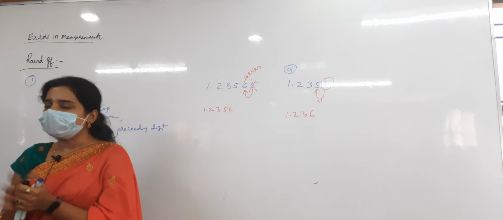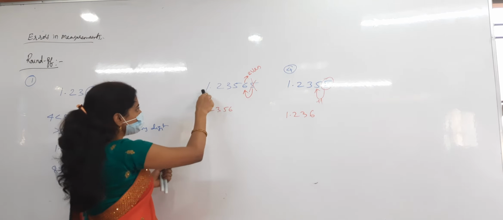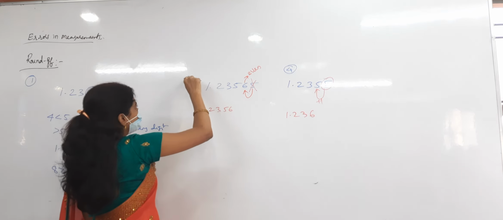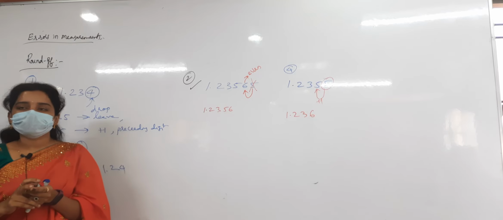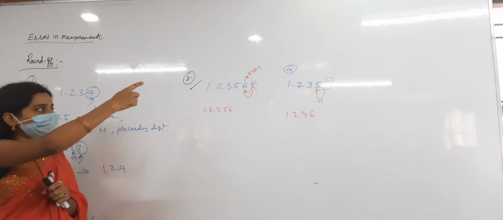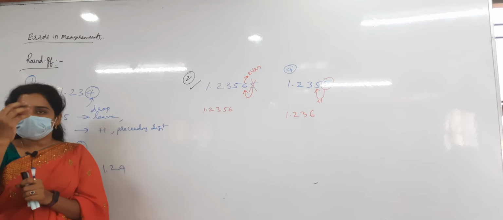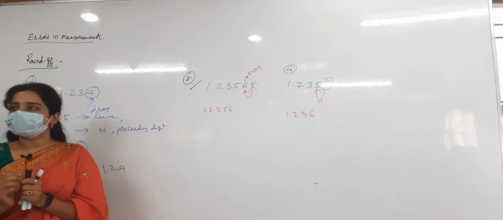Clear? All the rules. For example, if I say round off this number to only 2 significant figures. First of all you have to come from the last. You have to drop each and every digit one at a time whenever you are calculating, and then get the answer.